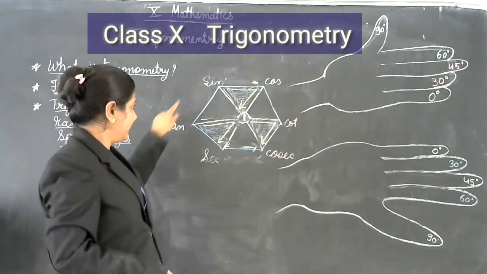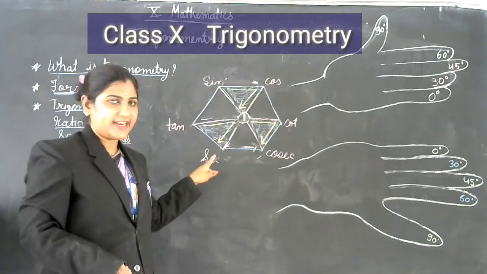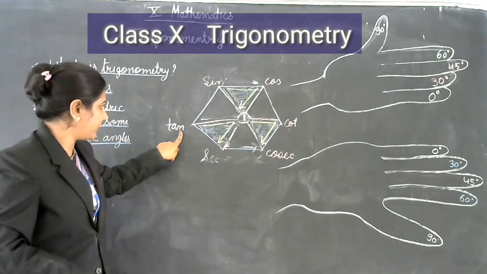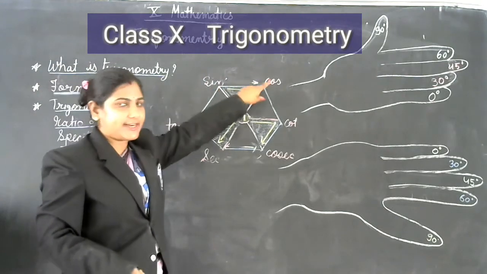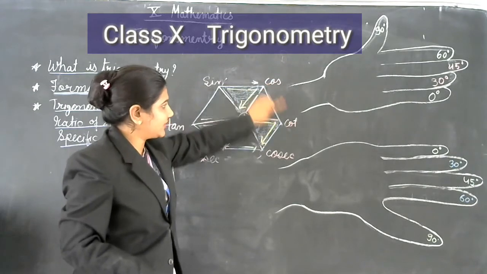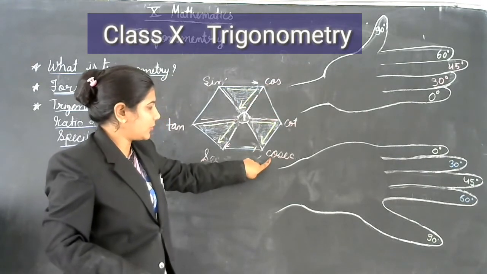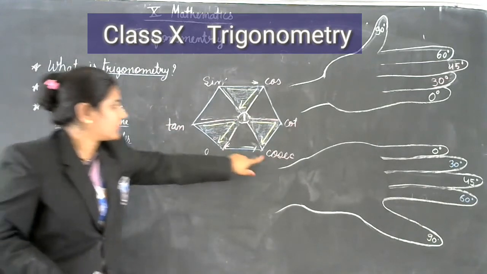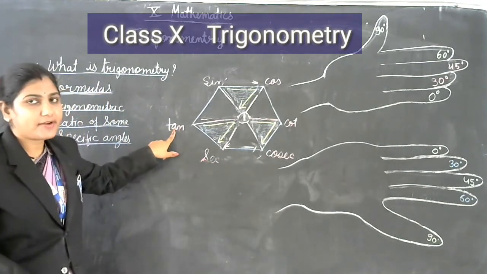Now let's recap the formulas by using the hexagon. Tan theta equals sin theta upon cos theta, means one function equals the ratio of the second and third. Sin theta equals cos theta upon cot theta, cos theta equals cot theta upon cosec theta, cot theta equals cosec theta upon sec theta, cosec theta equals sec theta upon tan theta.